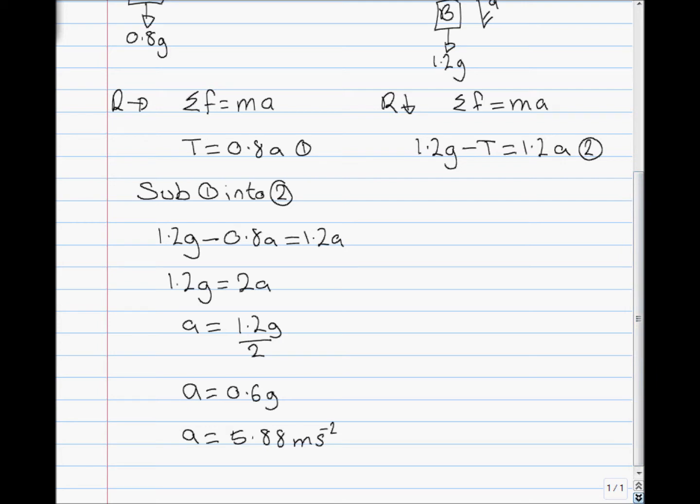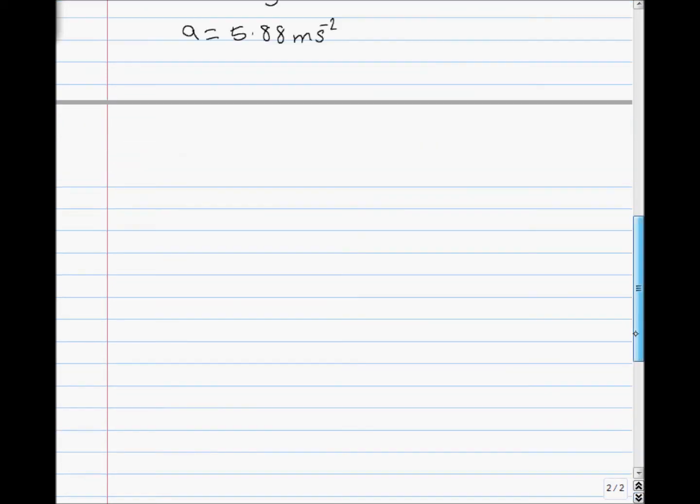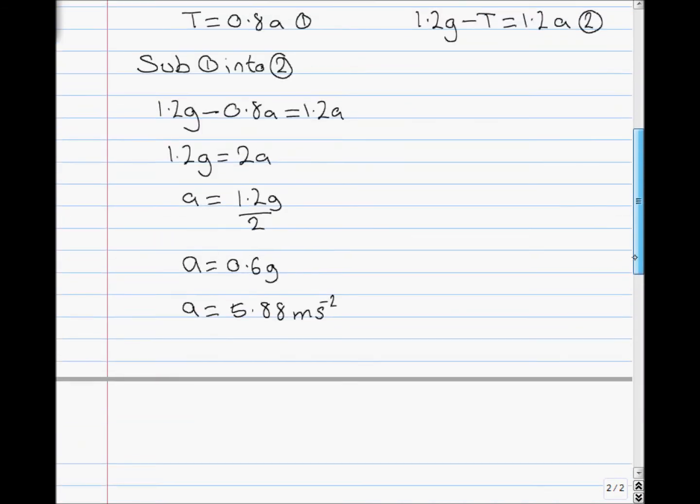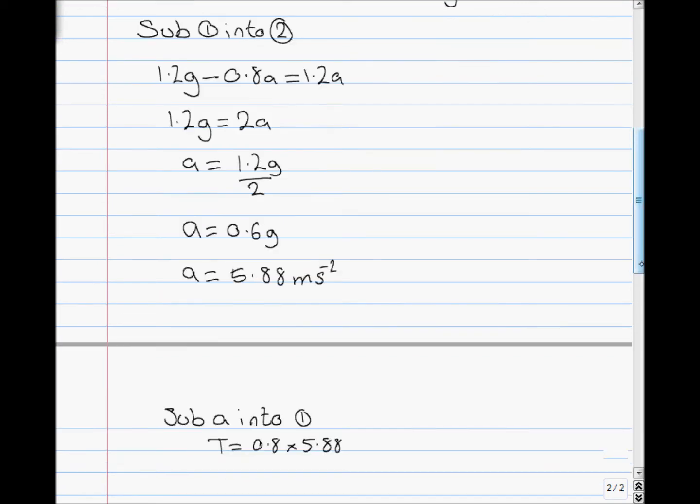Okay, so that's my A, and now I can sub. I'm going to continue working down the page. So I can sub A into equation 1, it looks like the easiest. So we've got T equals 0.8 times 5.88.